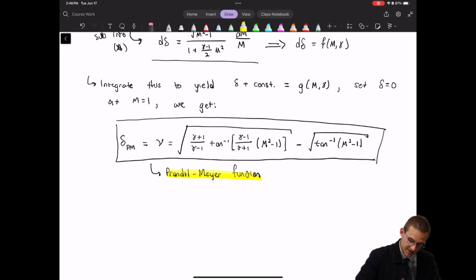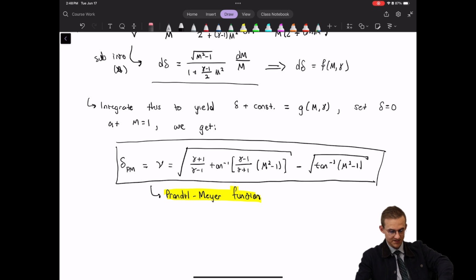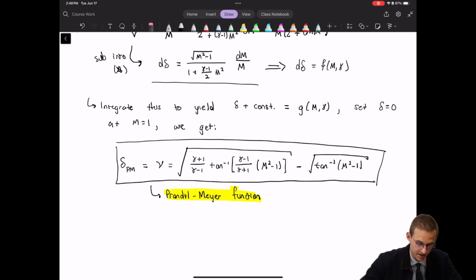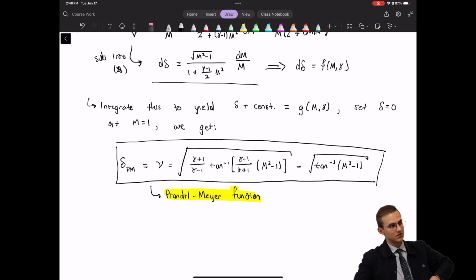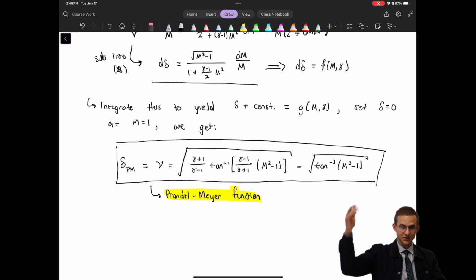So what the heck does this thing describe? The key is the boundary condition that we chose. What did we solve for here first of all? We started with an infinitesimal deflection angle, or Prandtl-Meyer expansion, and then we integrated that over many different infinitesimal changes in direction so that we can relate a total deflection angle to an upstream Mach number.